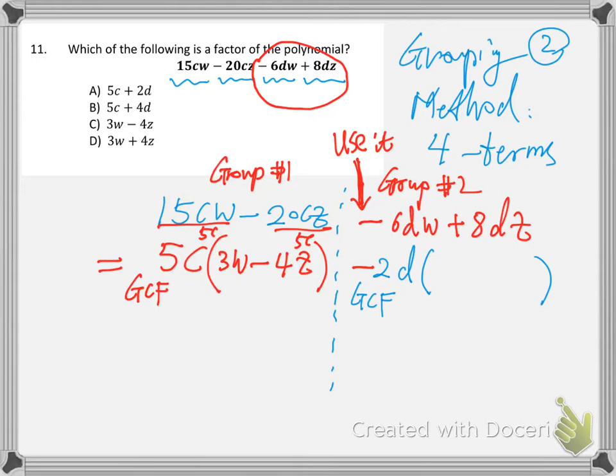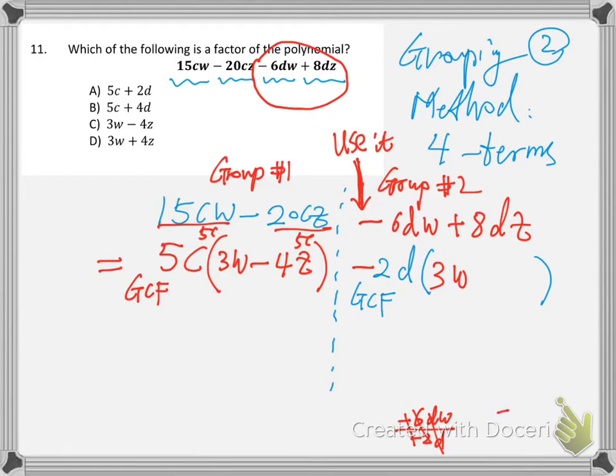Now we will divide to get the quotient. Negative 6dw divided by negative 2d: we got 3, d cancelled, we got w.